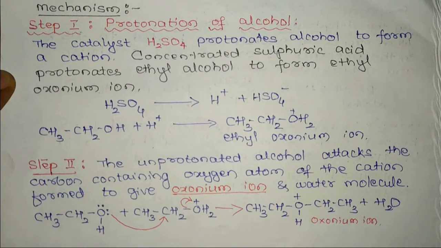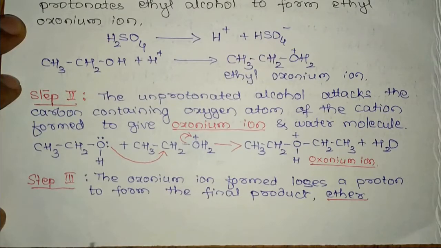In step 3, the oxonium ion formed loses a proton. It loses this proton to form the final product, that is diethyl ether.